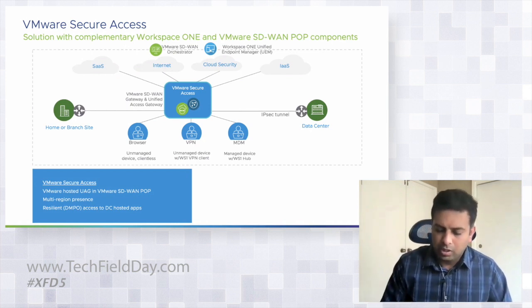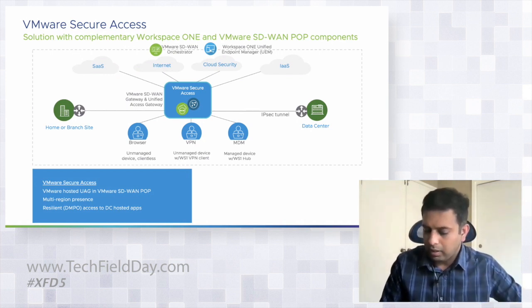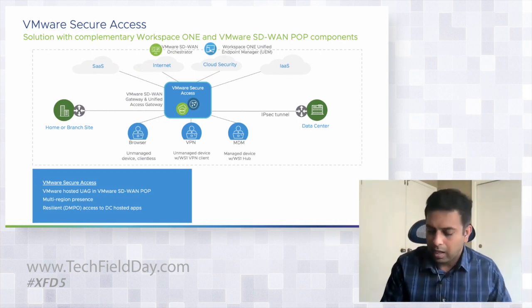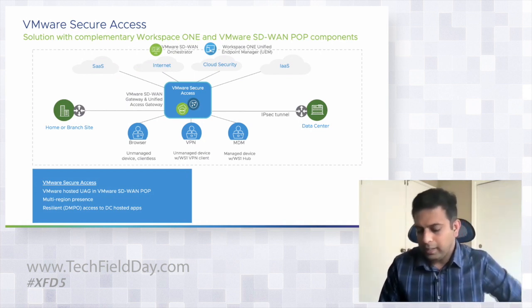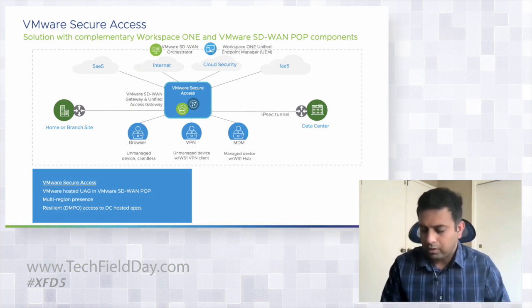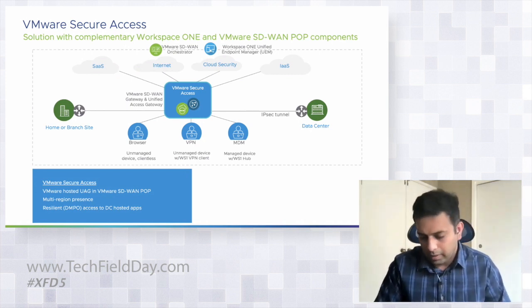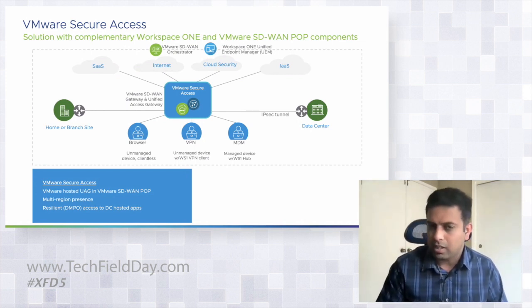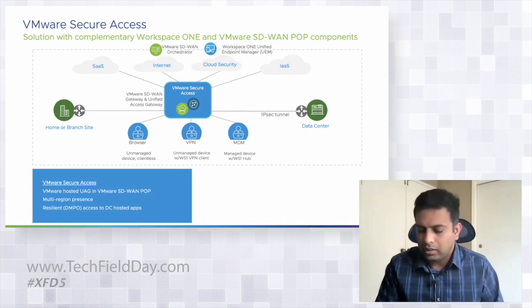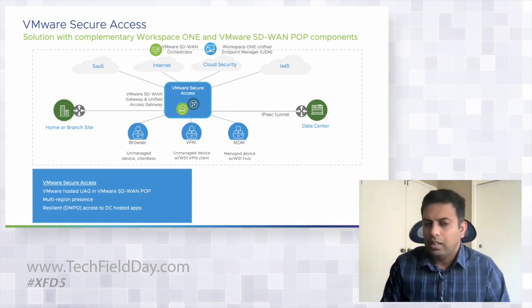So whenever a user needs to connect to any enterprise private application, for example, a public cloud hosted application, then we could bring the user to the nearest POP, tunnel the user traffic to the nearest POP, and then hand it off to the nearest front door of the public cloud company or the vendor itself, right? So there is no need to backhaul the user all the way to the enterprise data center, and then send it off to the internet.